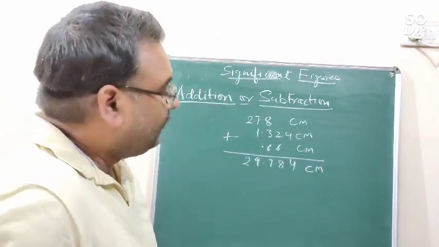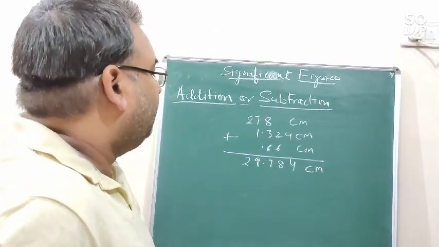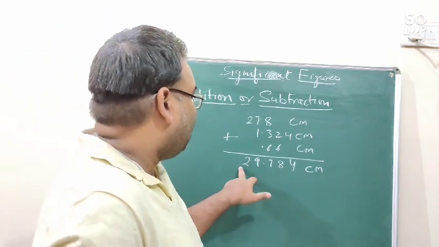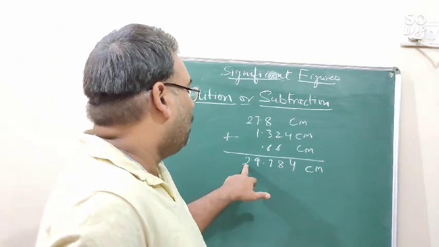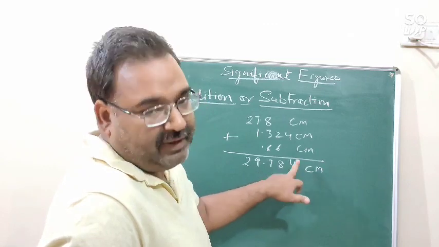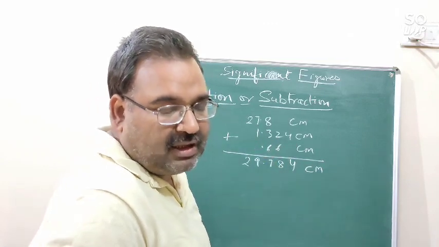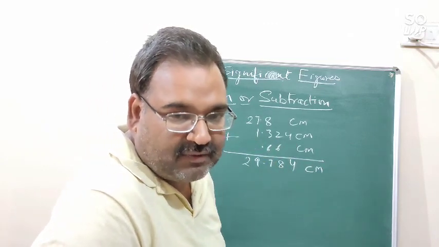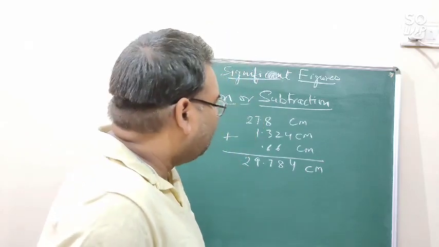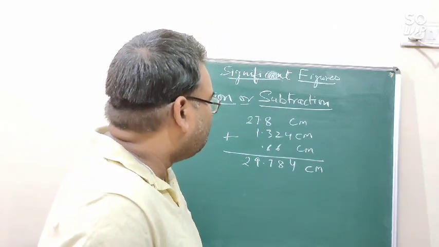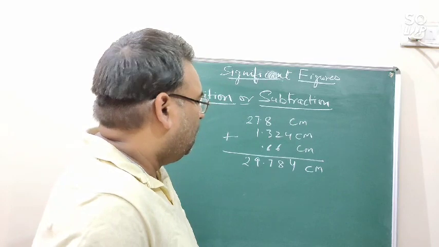Now what did I say? The least accurate we have to round off. Now this number has got 5 significant figures, 1, 2, 3, 4, 5. So the result has got 5 significant figures. Now we will see the number that has the least accuracy.